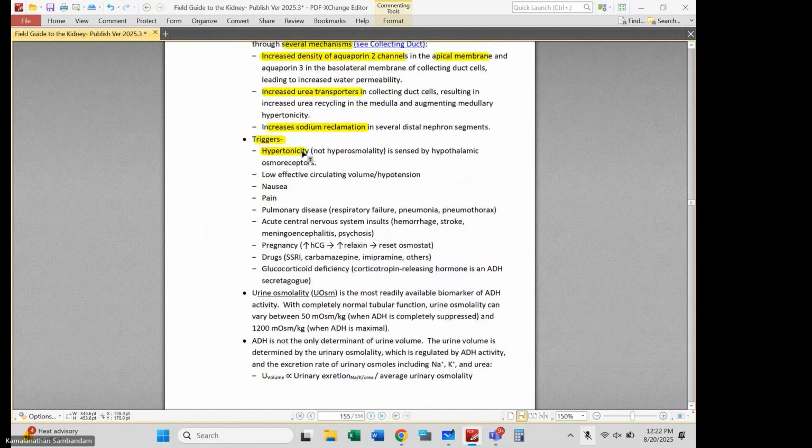All right. So hypertonicity is a stimulus. It's your main stimulus of vasopressin release. The other main stimulus of vasopressin release that we encounter in the clinical realm are the hypovolemic patients, or those patients that are hypervolemic but have low effective circulating volume. The classic cirrhotic and heart failure patient, right?